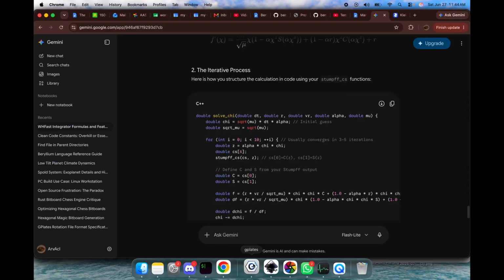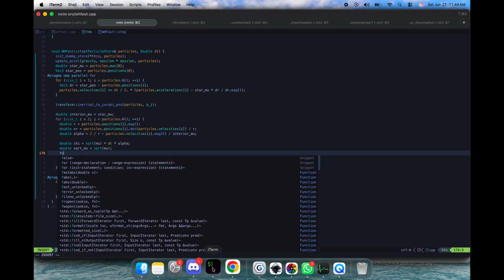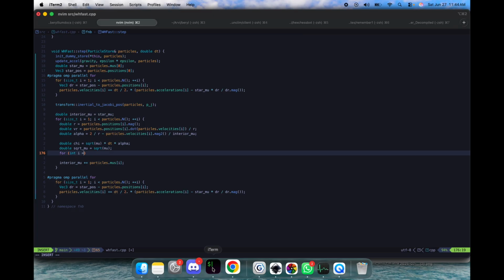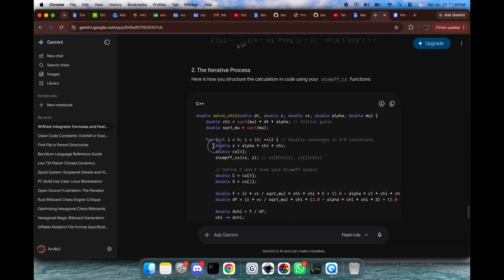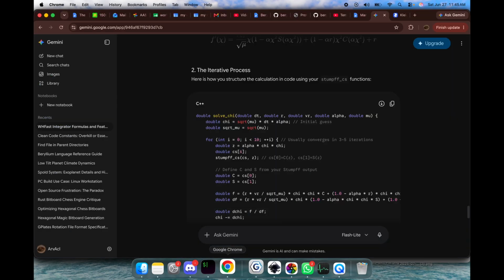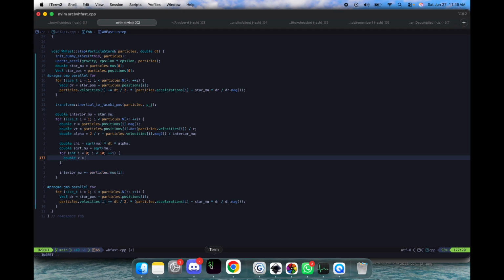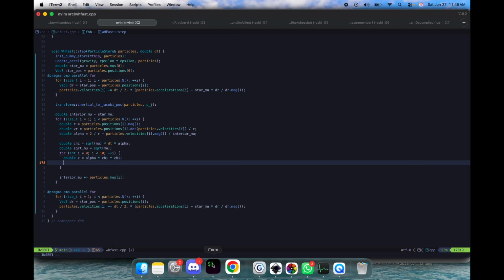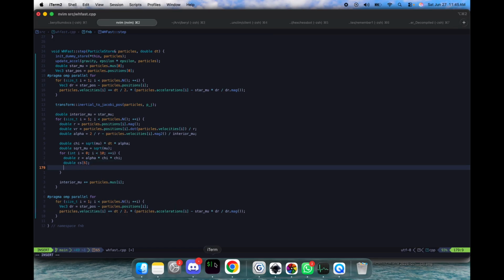And now we have a loop. For int i equals 0, i less than 10, plus i, and you do alpha times chi, and now we make stumpf CS. Double Z is alpha times chi. And now we have just CS, yay, raw arrays.